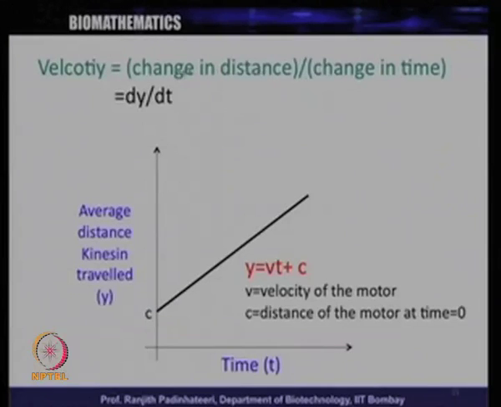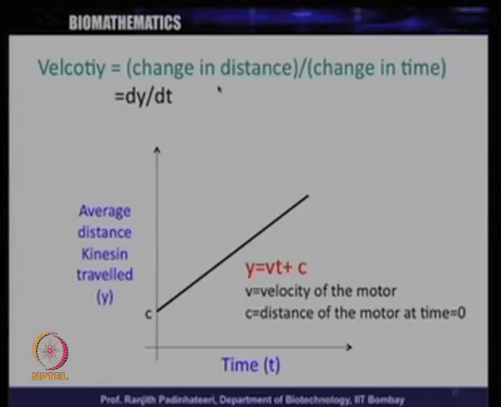How much distance you moved when the time changed by a certain amount. If the distance you moved is dy in a time dt, the velocity or speed is nothing but dy by dt. You learned this in school: the change in distance by change in time gives you the speed or the velocity.